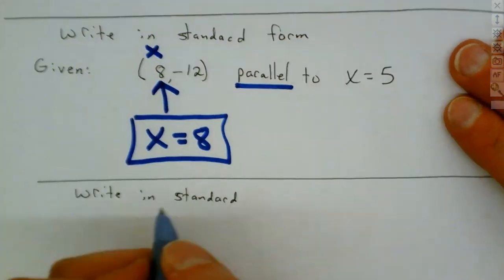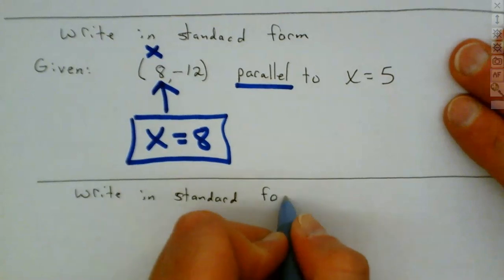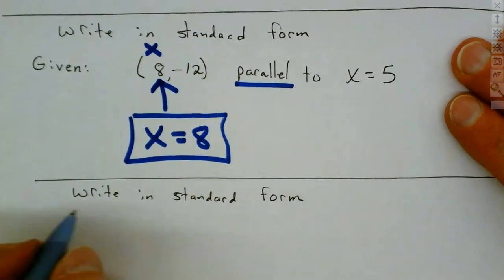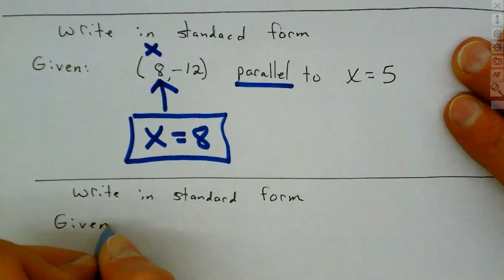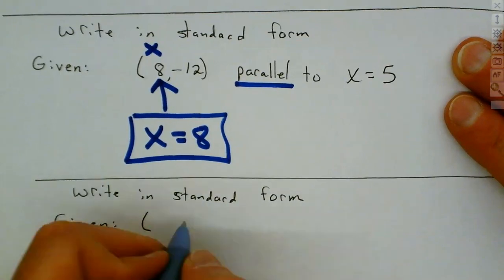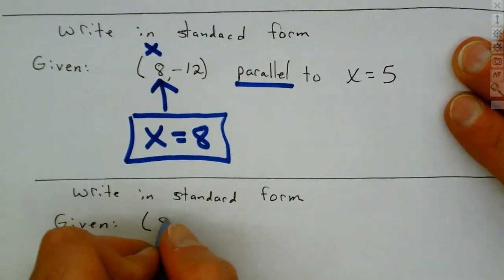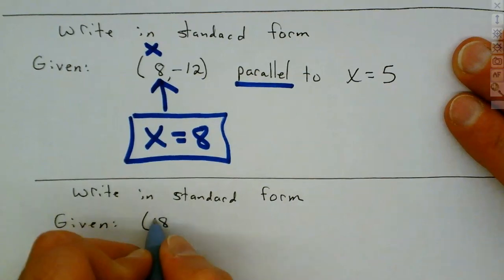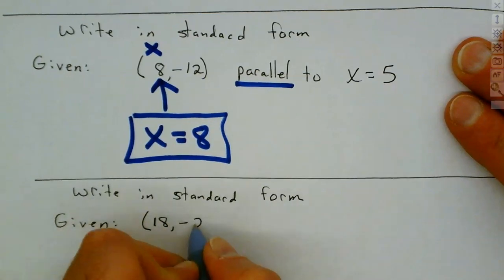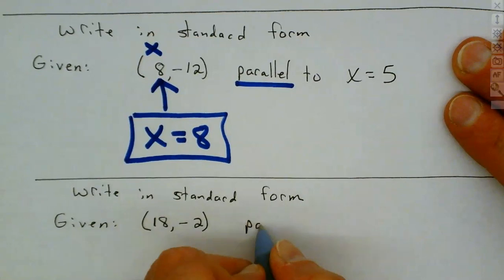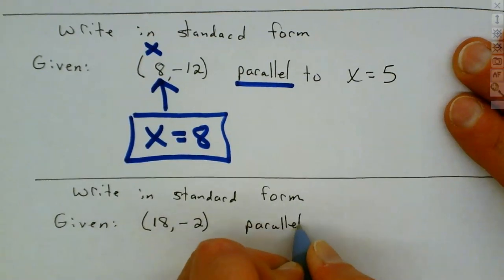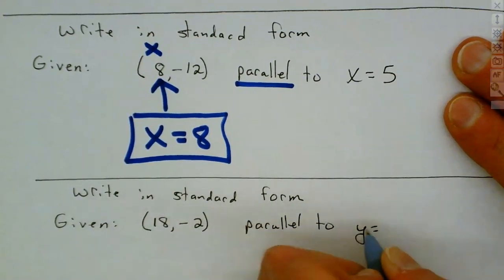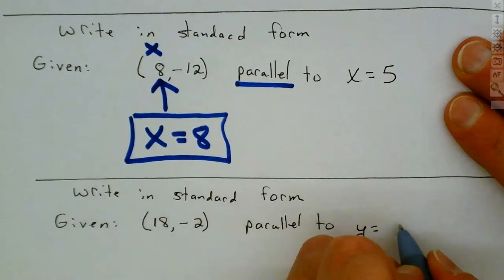So let's write in standard form again. And let's say you're given a point. How about, let's not use 8. How about 18, negative 2? And let's say it's parallel to y equals 10.